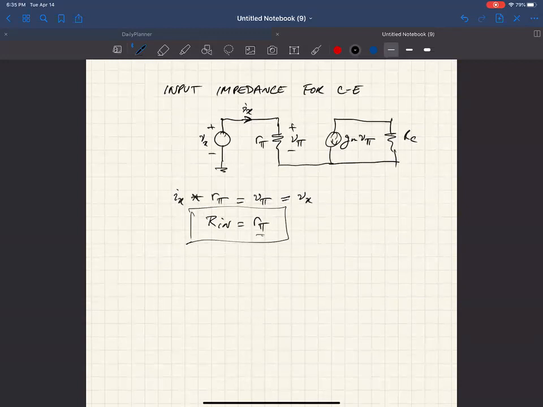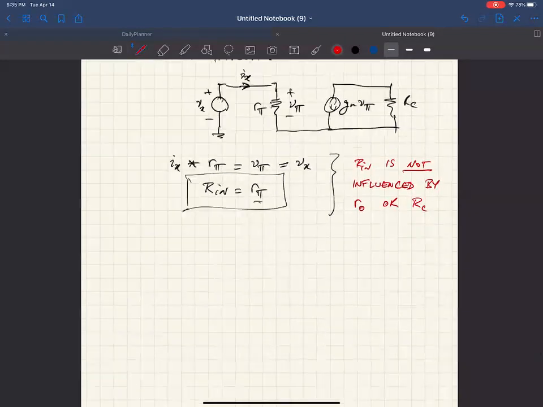So one thing to note here is that R sub i is not influenced by any of the output resistances, the R sub 0 or the early resistance of the early voltage, or the load resistor.